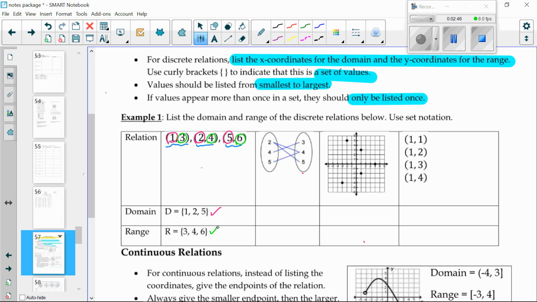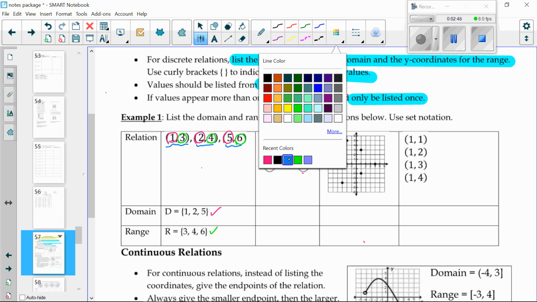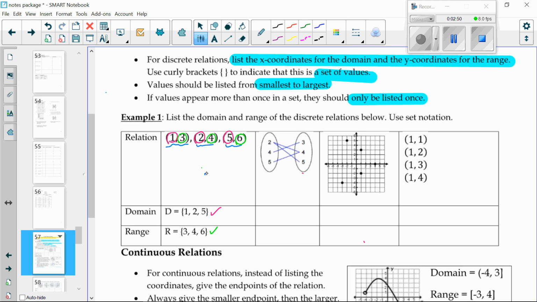Okay, so let's do this one over here. So we've got an arrow diagram. We've got the domain 2 maps to the range 4, and it also maps to 5. Then we've got 4 maps to 3, and 5 maps to 4.